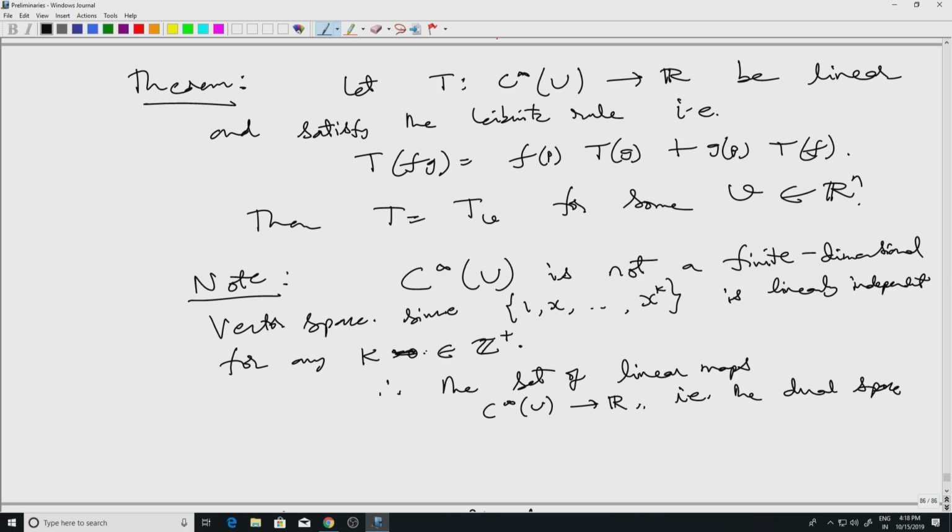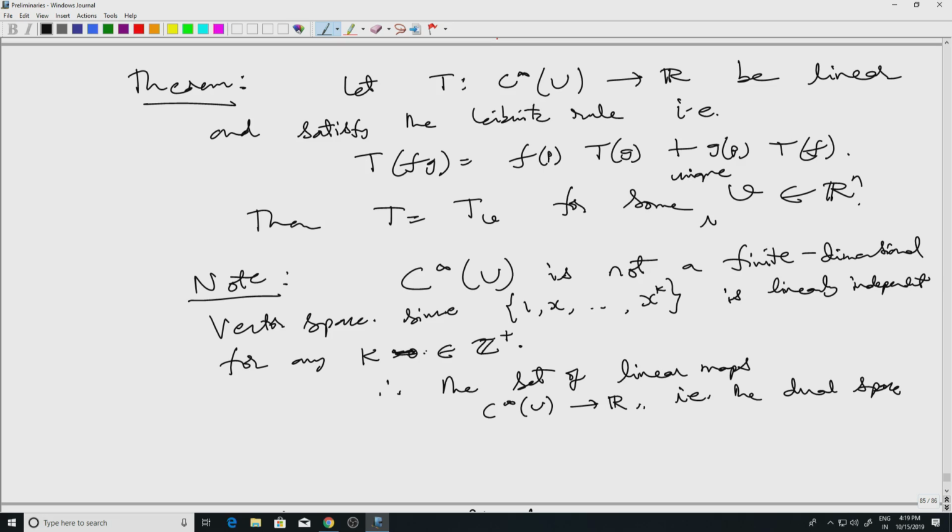In fact, each map corresponds to, and here I should add, some unique V. So for every such map there is exactly one corresponding vector in Rn. So the set of such maps is in bijective correspondence with Rn, which is a finite dimensional vector space. Just linearity would give an infinite dimensional vector space, while linearity plus Leibniz rule gives us Rn.